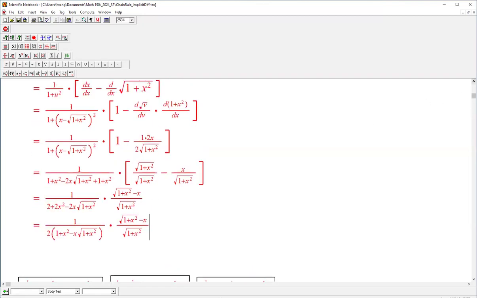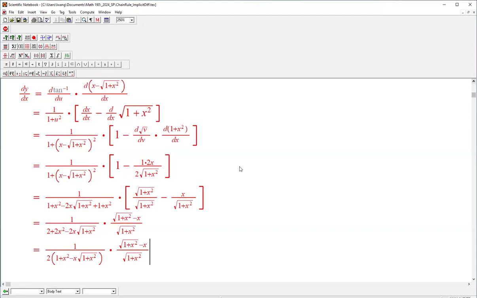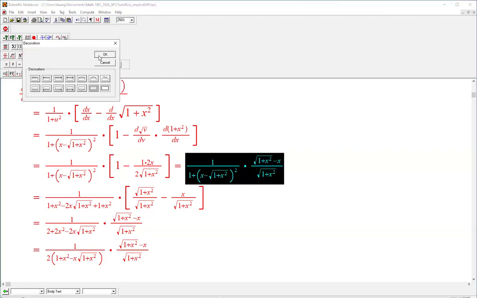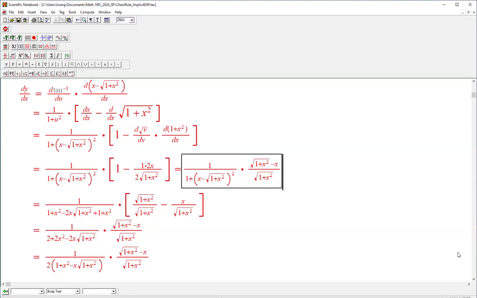As a matter of fact, for a lot of the questions you work with, up to this point, let me write it down here, I would consider this an acceptable final answer for a question like that. But this is a good exercise for our algebra.